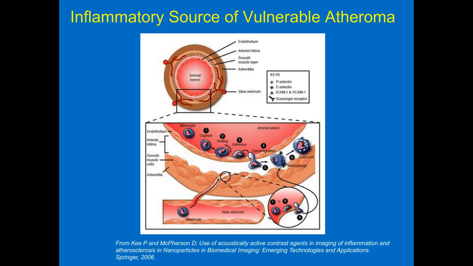And it's not just on the inside of the arterial wall, which is right here, next to the blood flow, but also these markers are on the outside, and there is a capillary network that goes through the wall, known as the vasa vasorum.